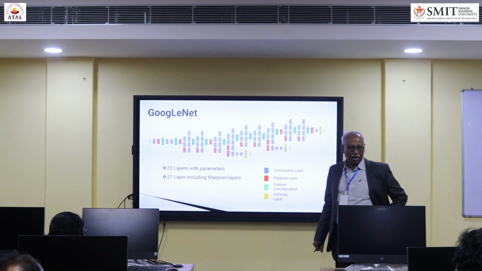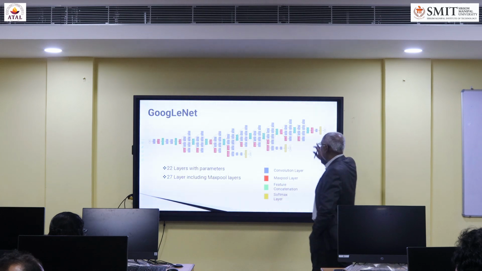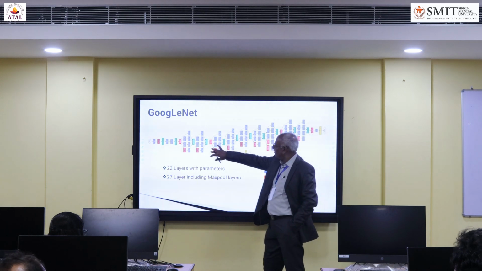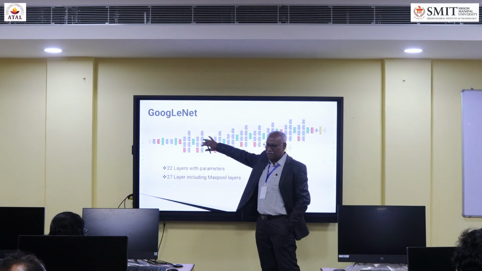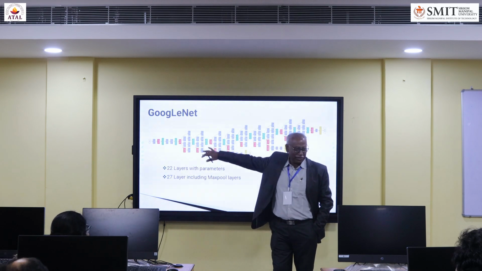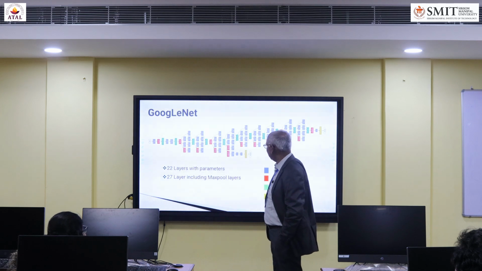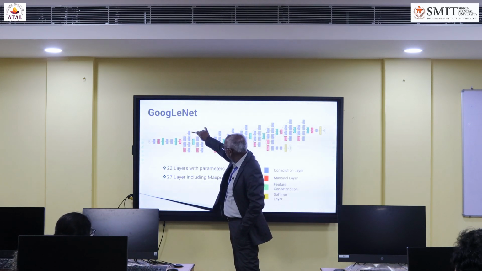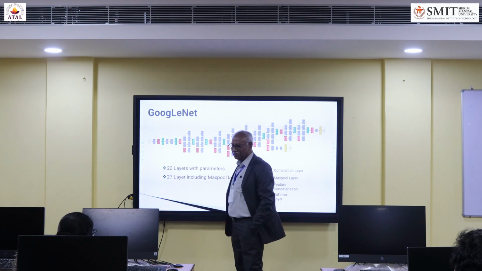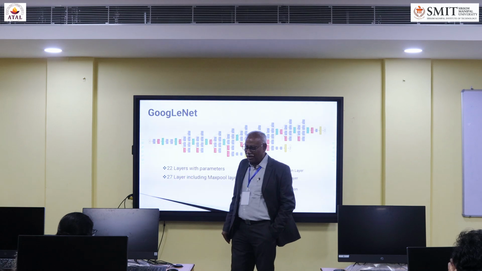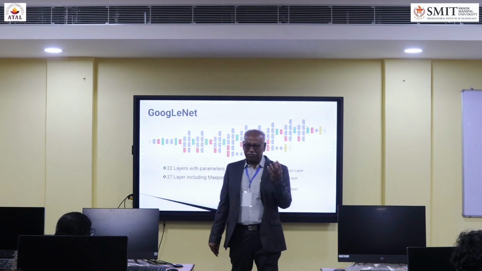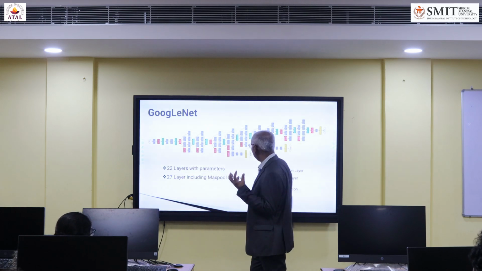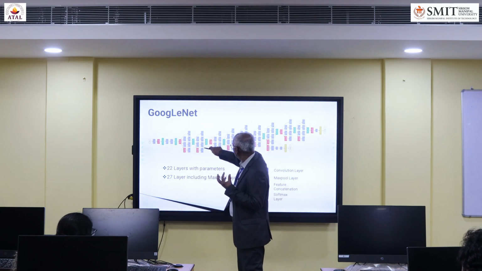Also, you all have heard about it. You'll find that in GoogleNet, explaining the expansion itself will take more than 1 hour, so let me not try that even. You find that there are convolution kernels of different sizes. I have a convolution kernel of 3 by 3, you have a convolution kernel of 5 by 5, and all that.